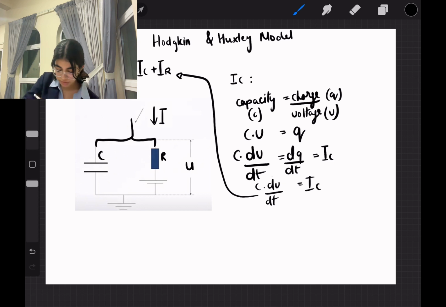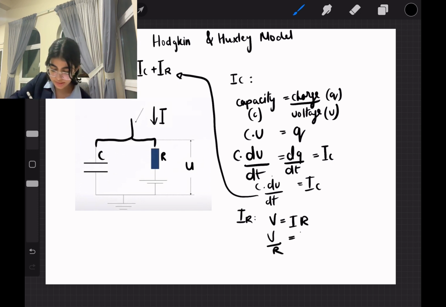Now let's find out how to calculate IR. IR can be calculated using the formula derived from Ohm's law, stating that V equals IR. So to find the current, we would do voltage divided by R. And to find the voltage of this resistor, we would need to subtract the voltage of this battery from the total voltage, and let the voltage of the battery be U rest.